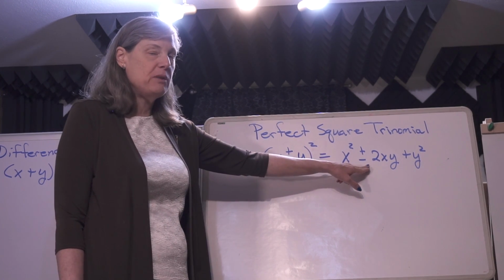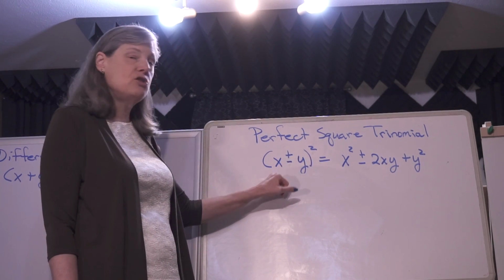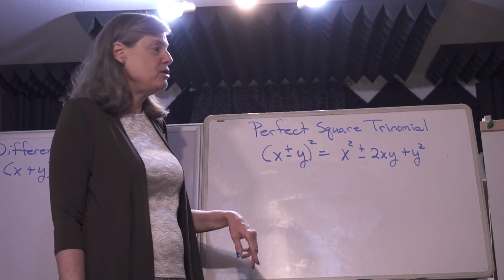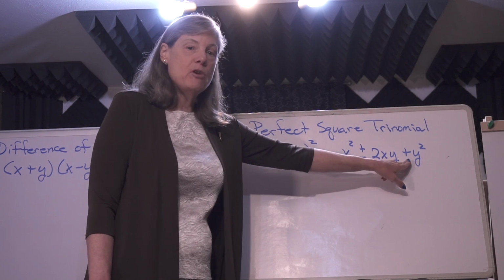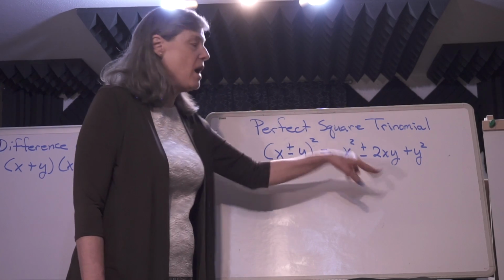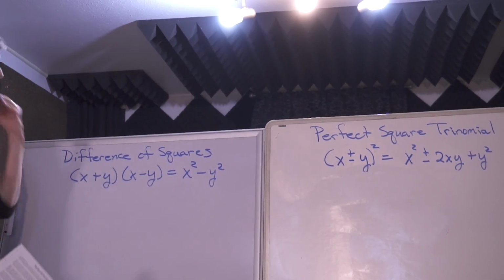It's never both, plus or minus, one or the other. Then our middle term is always to take these two, multiply them together, and then multiply that by 2. So that's what our middle term is. The sign before our third term is always positive, and then we take our y and square it. We'll talk about that just a little bit more in a moment.